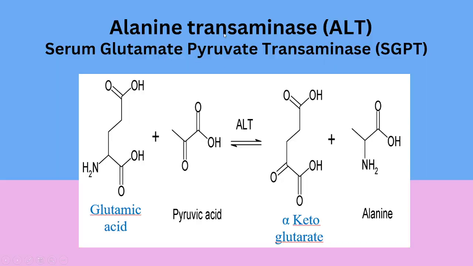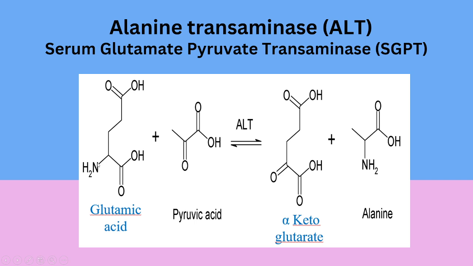ALT or alanine transaminase, as the name implies, includes alanine, and it is also known as serum glutamate pyruvate transaminase, SGPT. Why? Because here we interconvert glutamate with alanine.